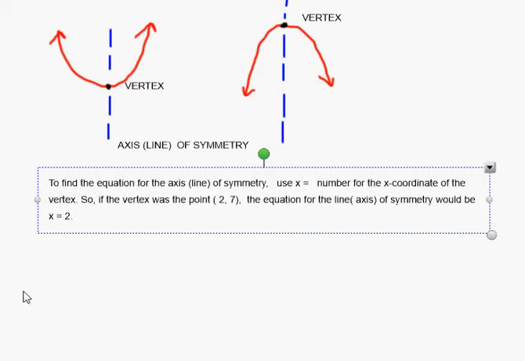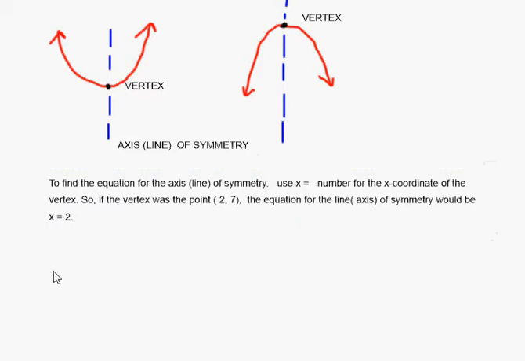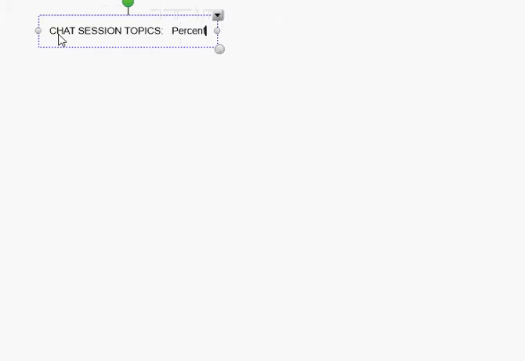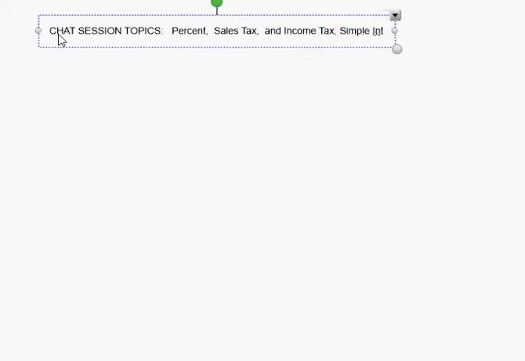Now, we're going to go on to the next section. In this next section, the chat session topics are percent, sales tax, and income tax, and simple interest.